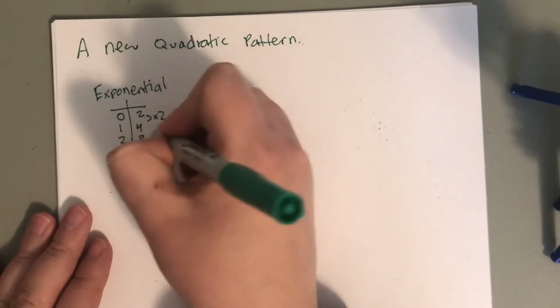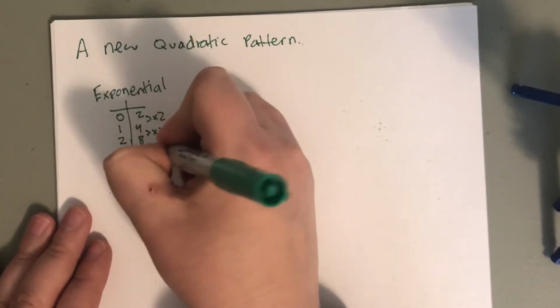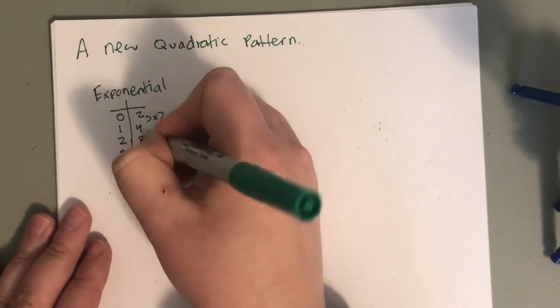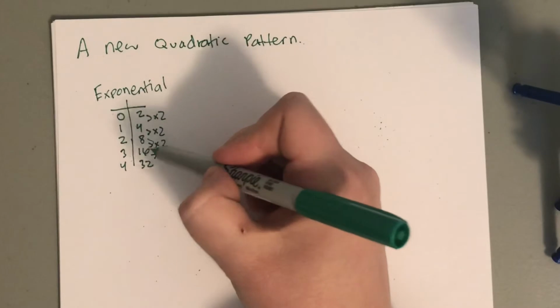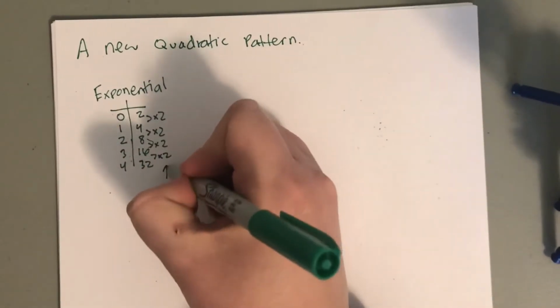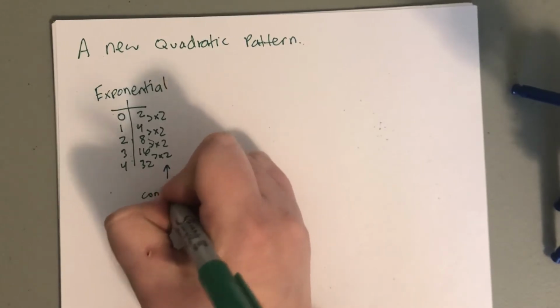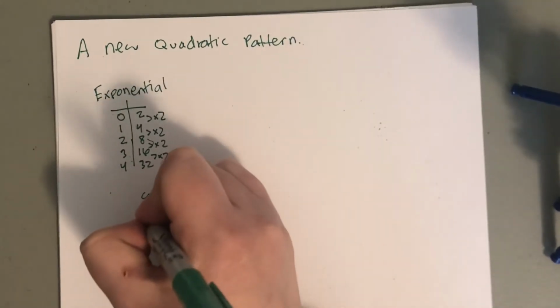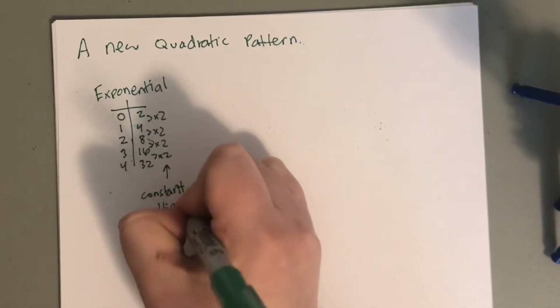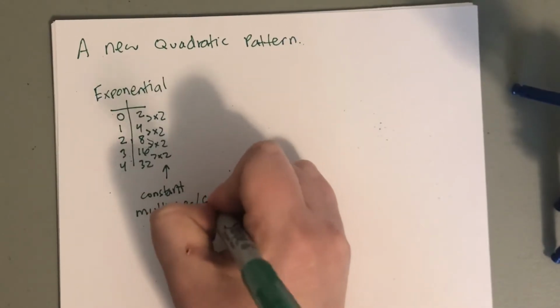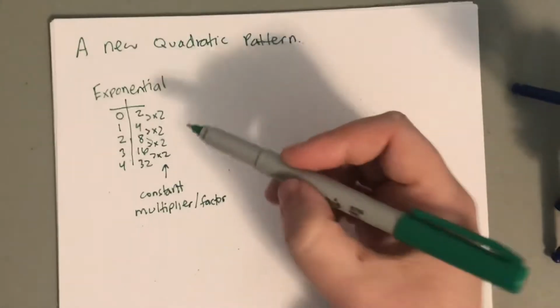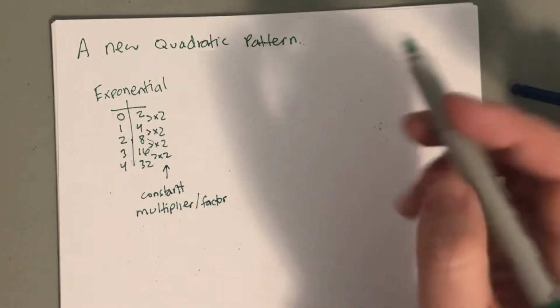It times by 2, times 2, times 2, times 2. To get to each next number, you multiply it by this 2, and because it has a multiplied by 2 all the way around, this constant multiplier, or sometimes we call that a constant factor, tells us that this is an exponential function.